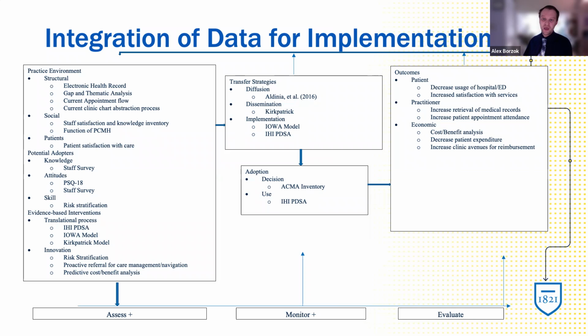And then also from the economic standpoint, are we able to actually capture those costs, reduce them, and increase the profits from charges and cost avoidance that we predicted using a predictive cost benefit model, decrease overall cost expenditure, and then also look at have we increased avenues for reimbursement through the service line as well.